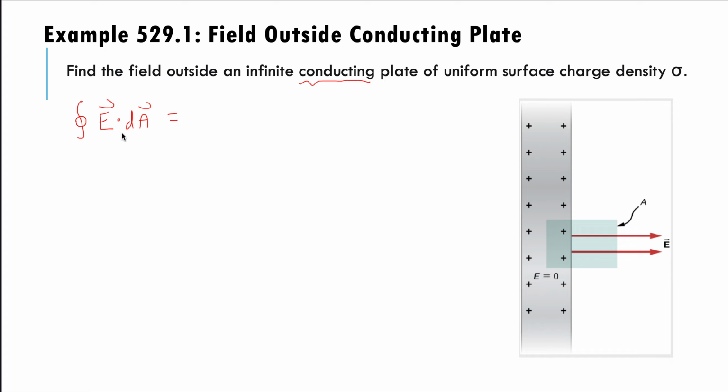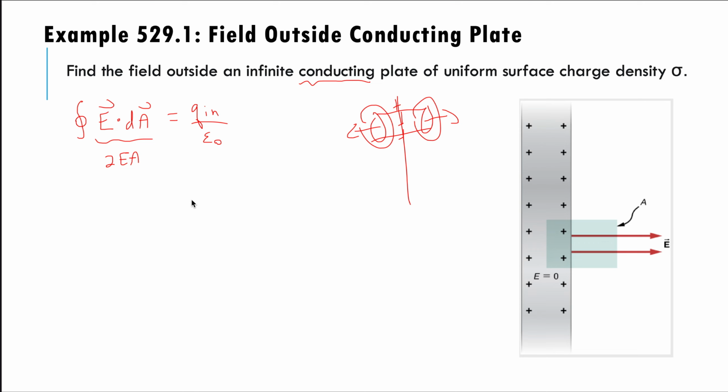So the flux is equal to the charge in over epsilon naught. When we did this for a non-conducting plate, we said that the flux was 2EA because, in that plate, let's say it was positive charge, and we had that Gaussian cylindrical surface, we had a field going through each area in opposite directions, and so we got flux through both surfaces.